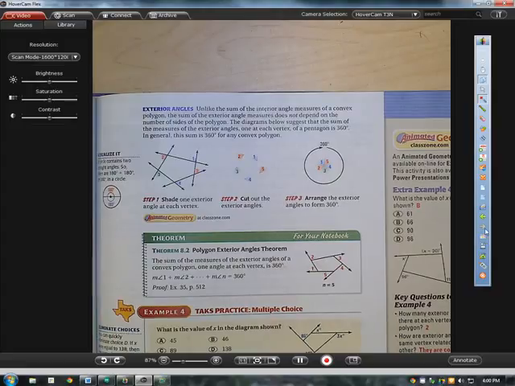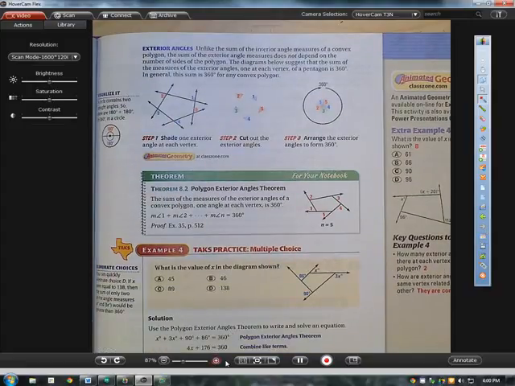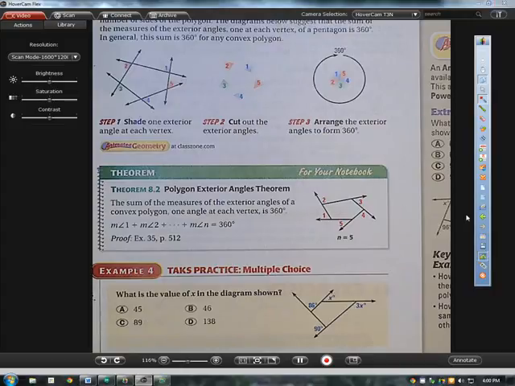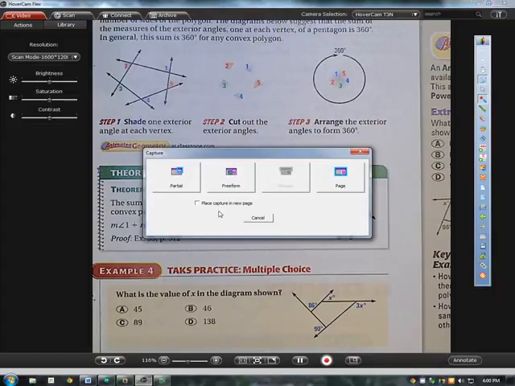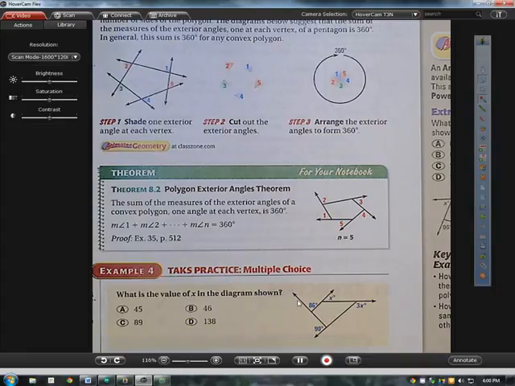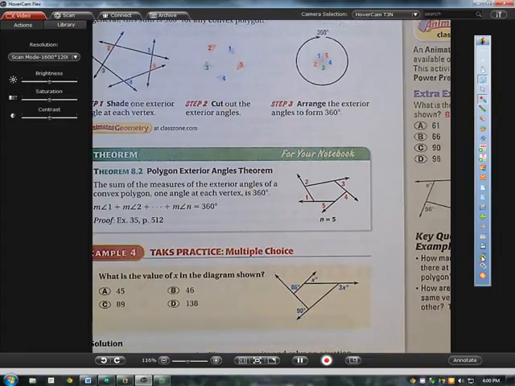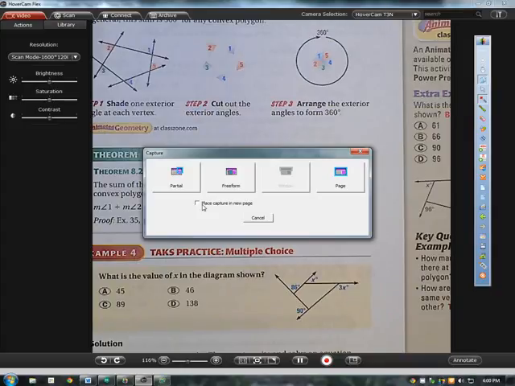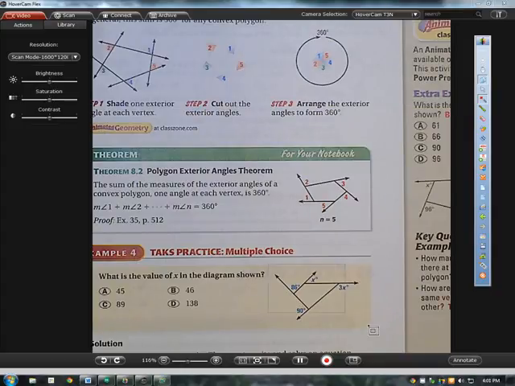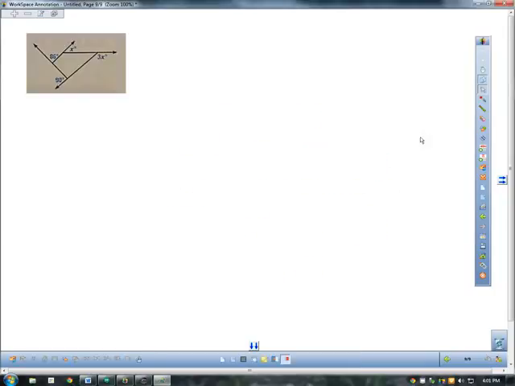Okay, so I'm going to zoom this in a little bit and do this. So if this is our next question, they need to know what x is basically what the question is. Okay. Well, I know if I add everything up, and since it's a polygon, doesn't matter what kind, I know its external angles have to add up to 360.